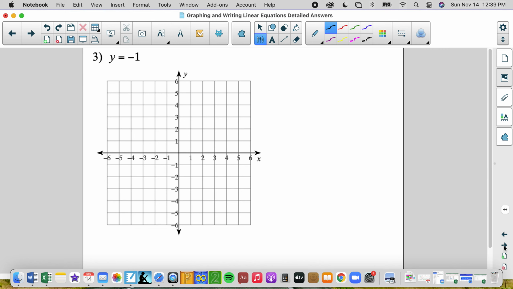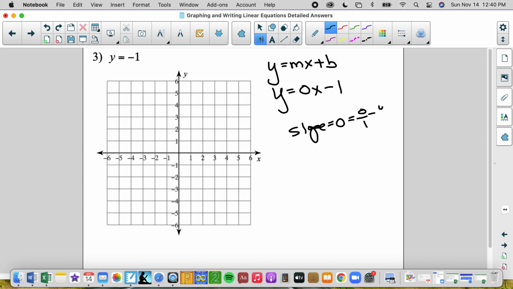Number 3 is still in slope-intercept form. If we turn that equation into slope-intercept form, we would see it as this. It has a slope of 0, which is 0 over 1, which is up 0, right 1.